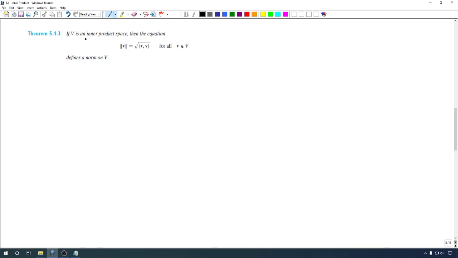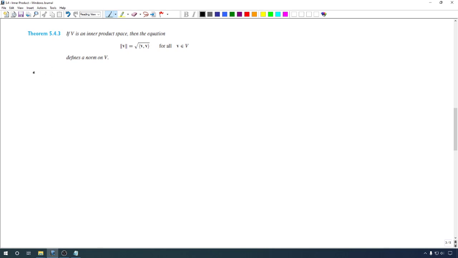Well, it turns out any inner product space is a norm space. Every inner product gives a norm, using the same definition that we used for the magnitude of vectors when we were dealing with the scalar product. We take the inner product of a vector with itself, and we take the square root of that. And that will give us a norm on our vector space.